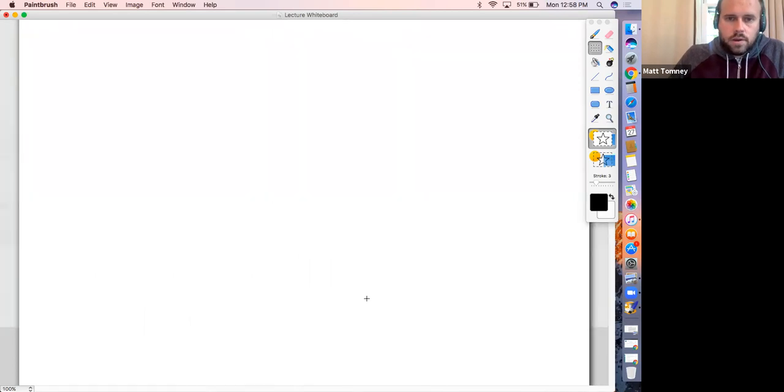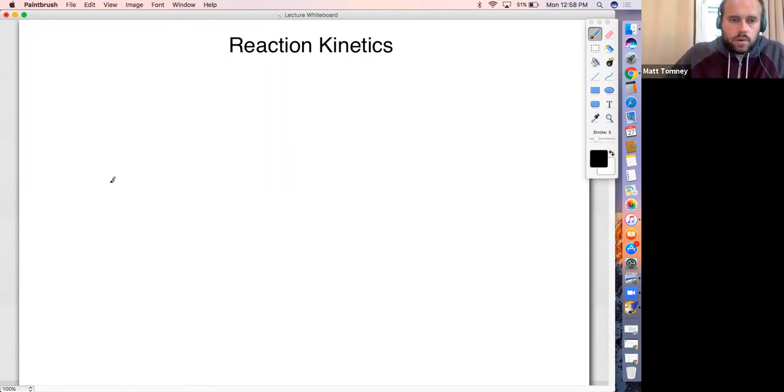So the next thing we're going to do when we start working with rates, rates are typically set up with what's known as a rate law. So we're going to start taking a look at rate laws, and rate laws are going to be governed by the concentration of your materials, as well as what's known as a rate constant.